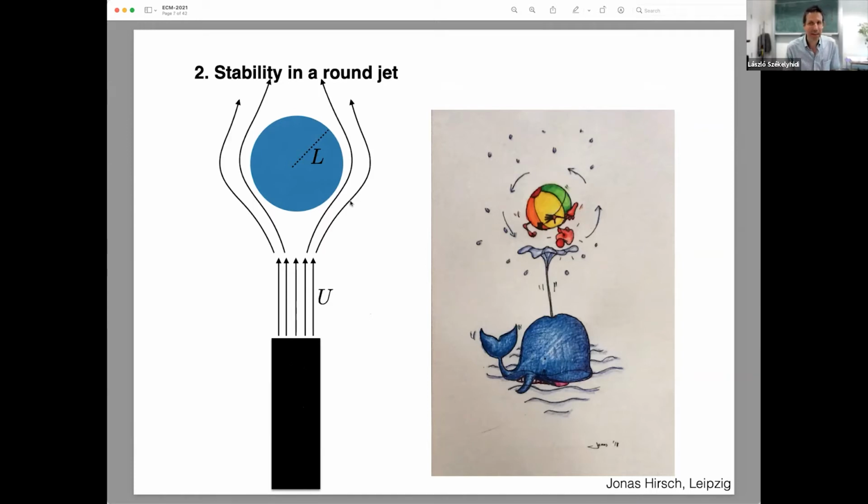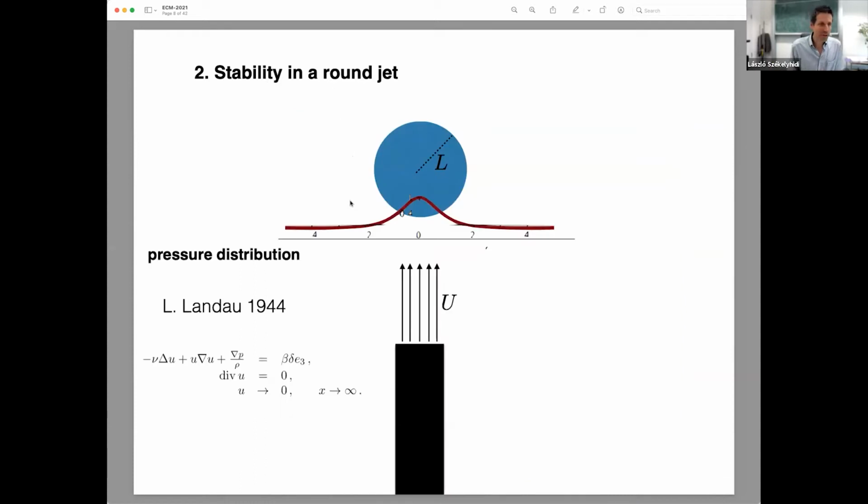Now, this is something that in certain physics books, secondary school physics books, has an explanation, but that explanation is, I think, universally believed to be wrong. It refers to the Bernoulli law, which doesn't apply in this situation. But more seriously, Landau, the famous physicist, did look at this problem in the book Landau and Lifshitz, which contains this calculation.